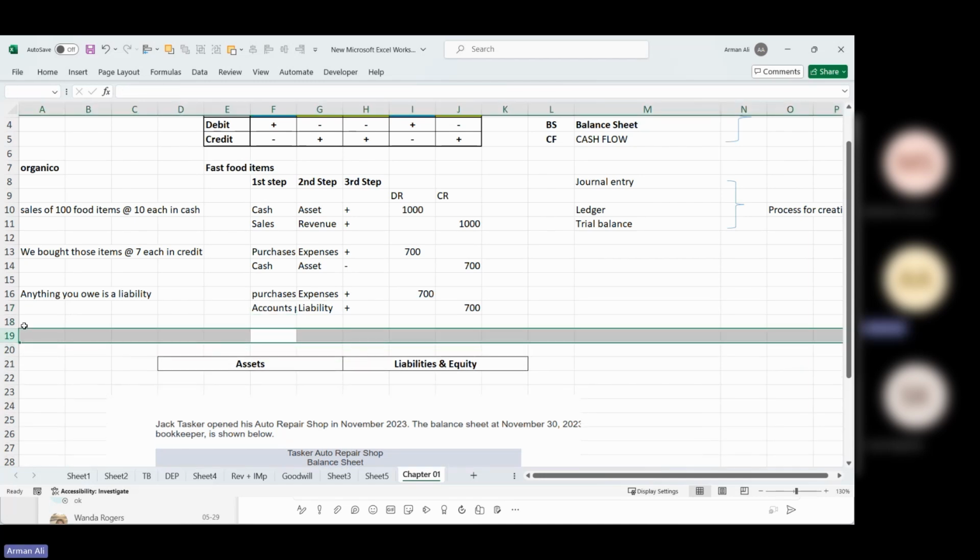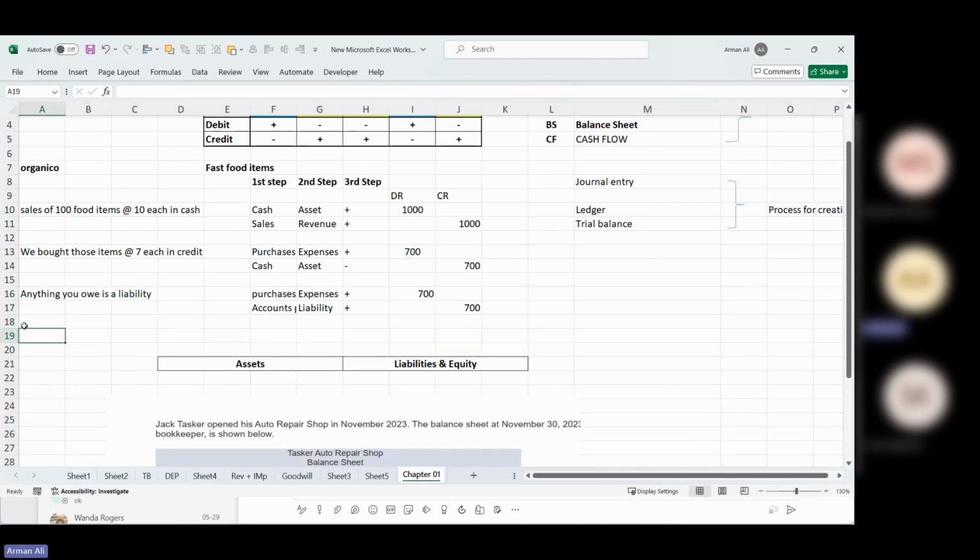Now let's exactly reverse this transaction, and we say we made sales of 10 food items on credit, which means we have yet to receive cash. So first, excuse me.